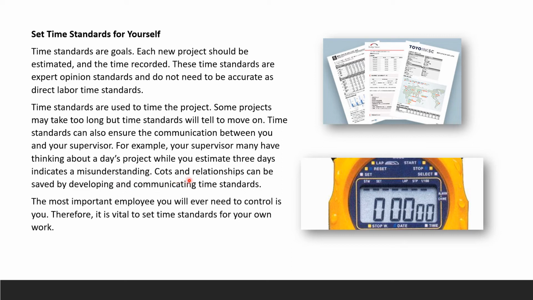Cost and relationships can be saved by developing and communicating the time standards. So it's really important that you have these. The most important employee you will ever need to control is you. Therefore it's vital to set time standards for your own work first.